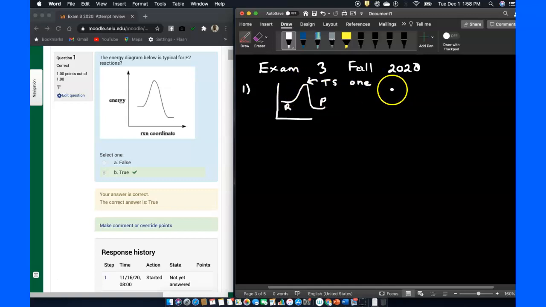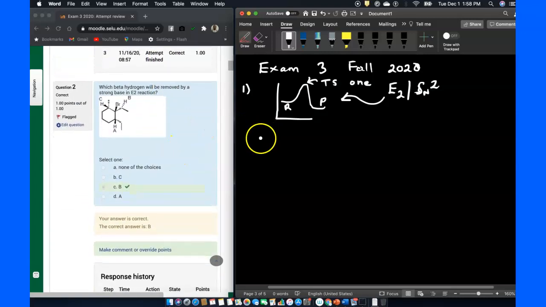So this reaction is bimolecular. And if it's bimolecular, it's either E2 or SN2 for our course. So yeah, that goes with E2. It will be true also for SN2, but that's not what the question asked.